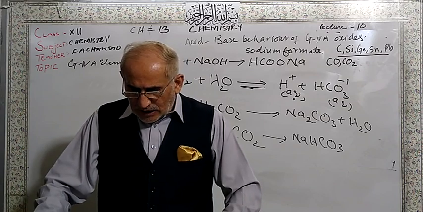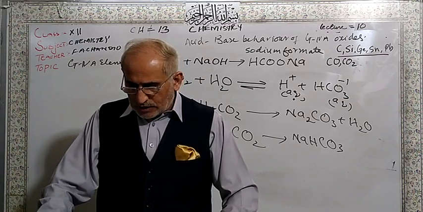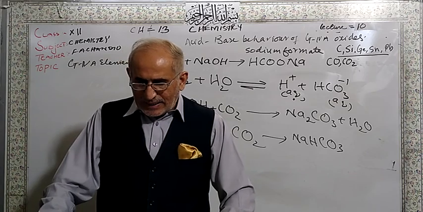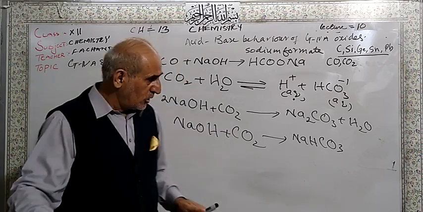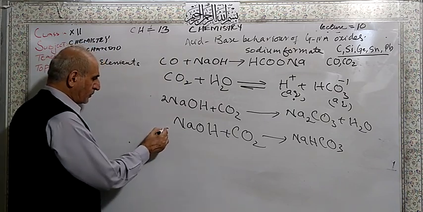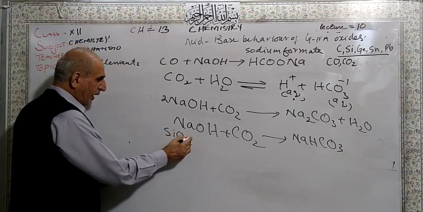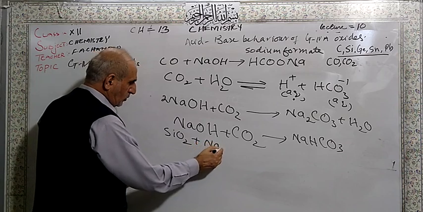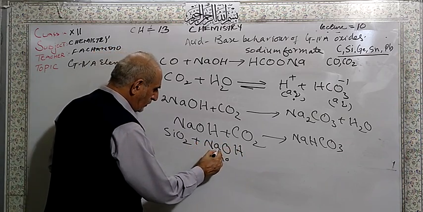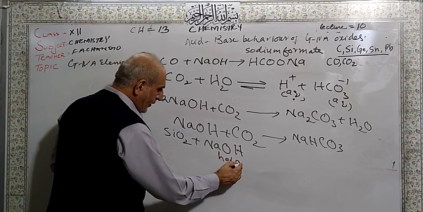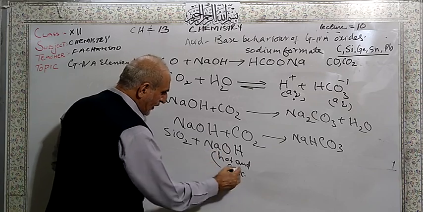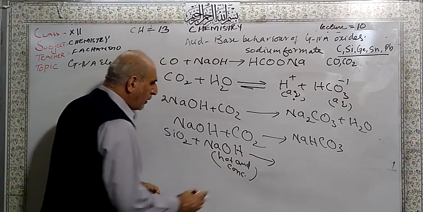Silicon dioxide also reacts with sodium hydroxide solution, but only if it is hot and concentrated. So silicon dioxide, sodium hydroxide, hot and concentrated. This is the condition written in your book.